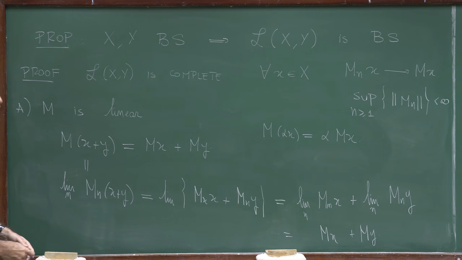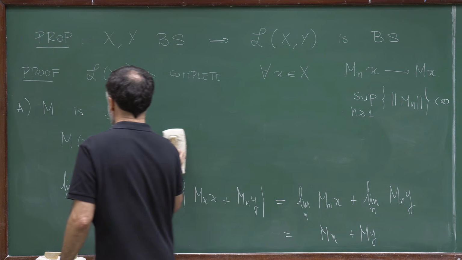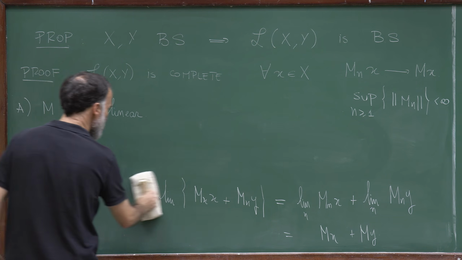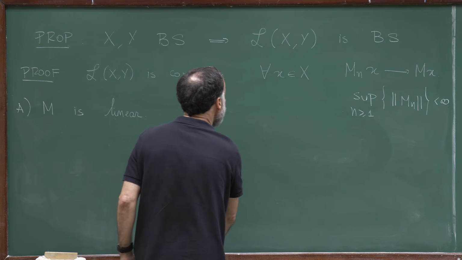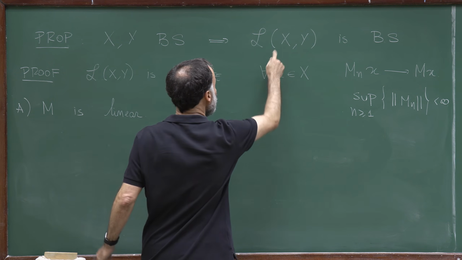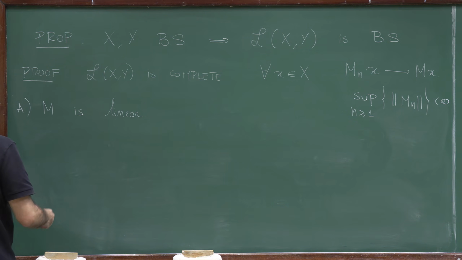So we proved that M is linear, and now I claim that M is bounded, and by proving that M is bounded and linear, we will have shown that M is an element of this Banach space.